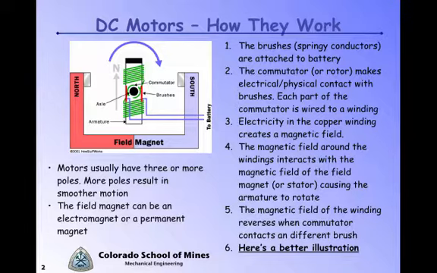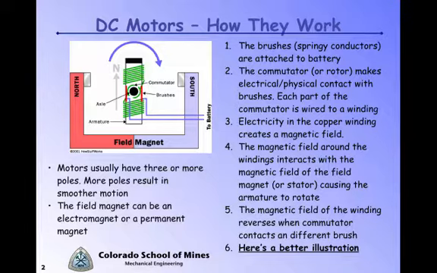And note that it's the commutator which at the appropriate moment switches the direction of current flow in the rotor windings that allows the motor to continue to rotate. Since if that were not there, then once the magnets had aligned with their opposite poles, they would just stop rotating.